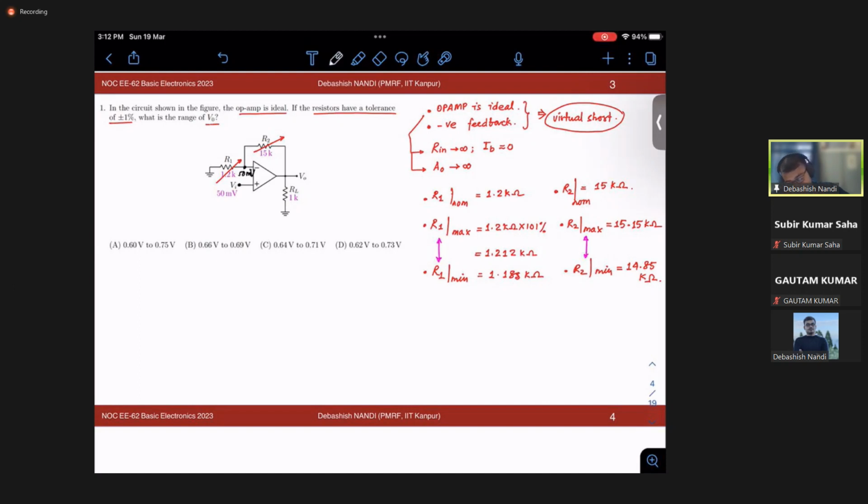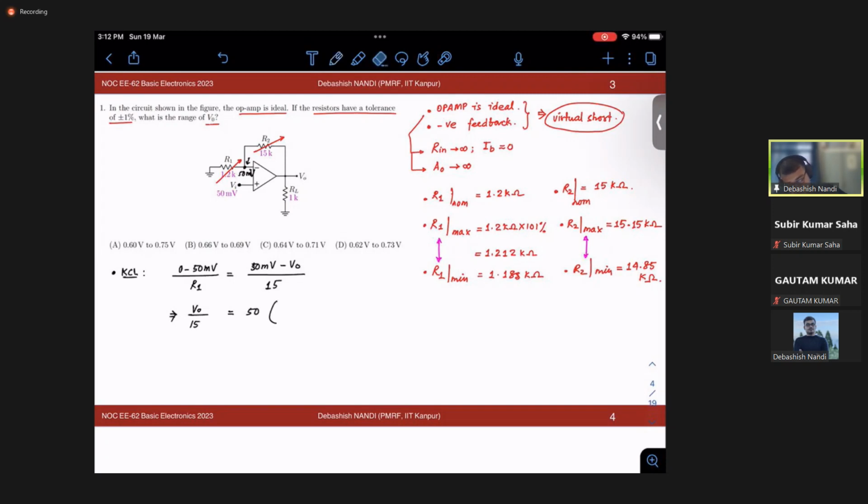So if you use KCL at this node, you have 0 minus 50 millivolt over R1 is equal to 50 millivolt minus V0 over R2, right?